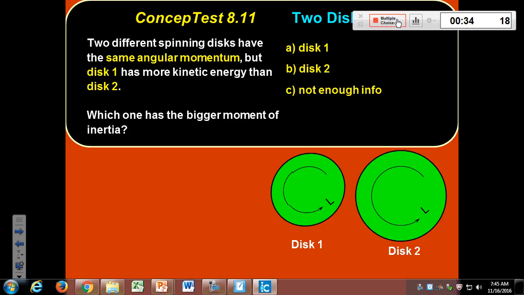So L1 is equal to L2. They have the same angular momentum, but disk 1 has more kinetic energy than disk 2. Which one has the bigger moment of inertia? This goes back to the previous question a little bit.